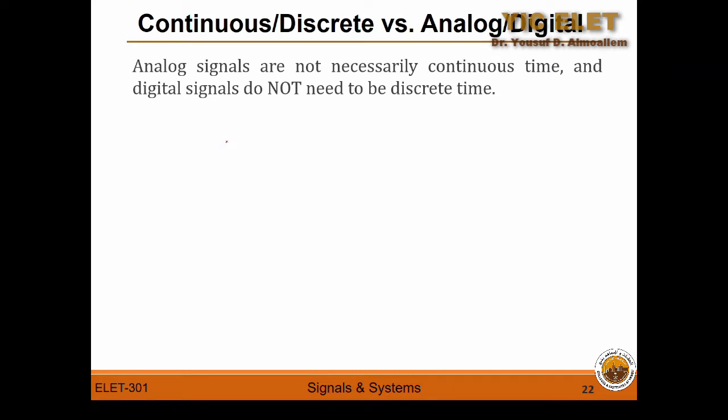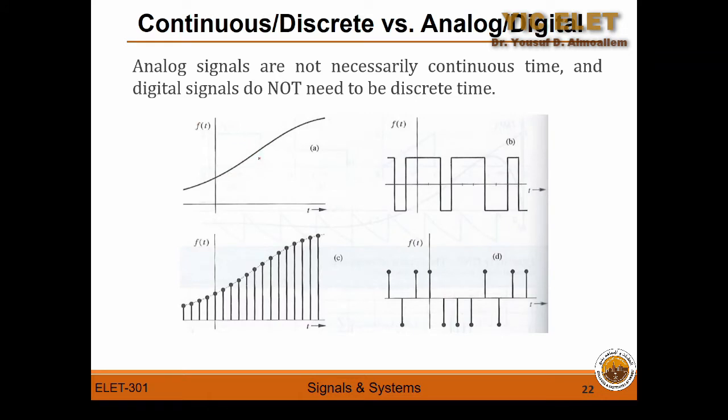If we put all these four together and try to analyze, let's see what the possible outcomes are. Now, if we're talking about the horizontal axis and looking at the top side of these graphs, we can find both of them are continuous time. So at any point of time, you can find and define the function value. You can define it here, you can define it here, you can define it in between. There is no problem.